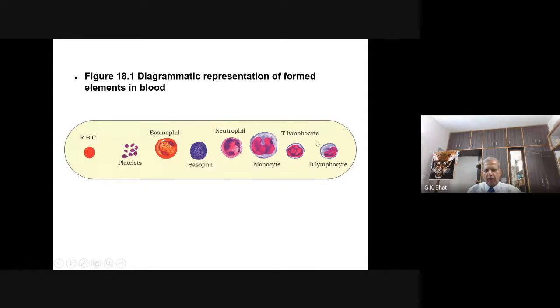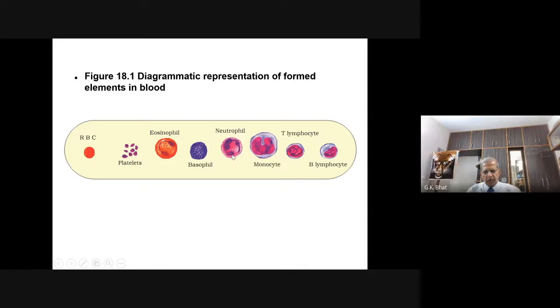All these are white blood corpuscles. You must be in a position to identify them if a diagram is given like this. I shall tell you how to identify them, especially which is the eosinophil, basophil, neutrophil, monocyte, and lymphocyte. You can easily make it out.